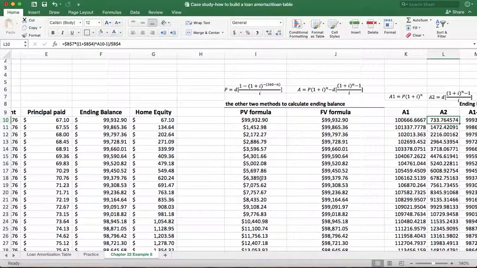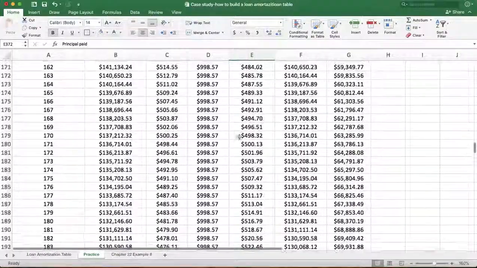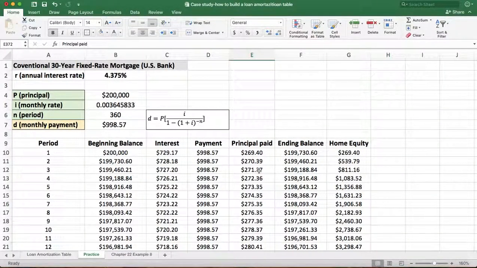For those of you who are interested in this kind of stuff, you can spend some time playing around with it. Otherwise, this simple math works, you can do your homework. Use this math. That's all. Good luck.